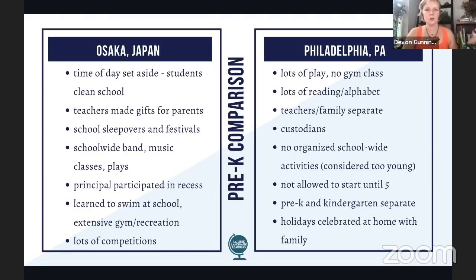Teachers and principals aren't over for dinner by any means, but what you find in Japan is a much more community-oriented view of school, where the parent, the teacher, the principal, and the student are all four equal parts of an important process. And that's not really represented in American schools.